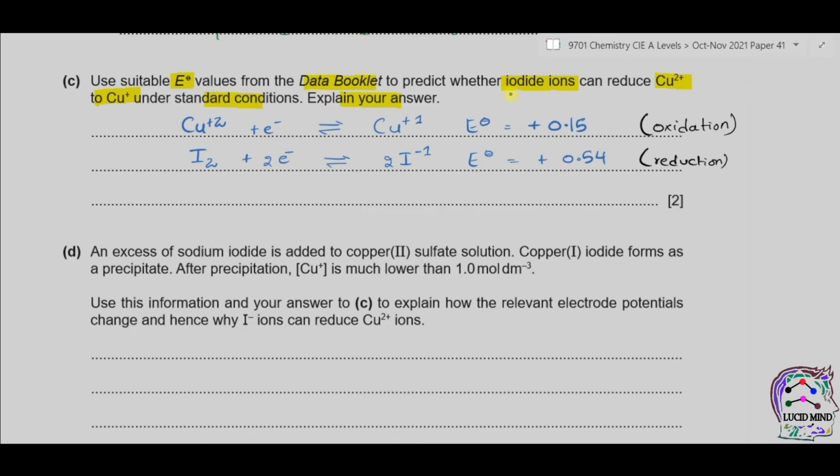So therefore we can say that iodide ions cannot reduce copper plus 2 to copper plus 1, as the reduction potential of iodine is greater, or you can say more positive.